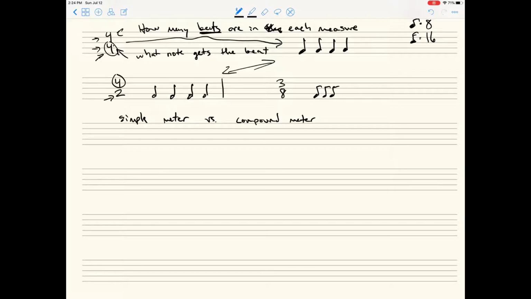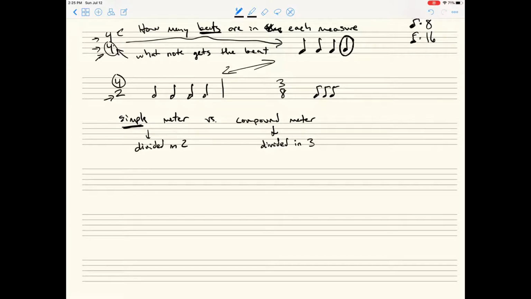When we call a meter simple or compound, we're referring to how the individual beat, in this case a quarter note, can be divided even further. In simple, the beat gets divided in 2. In compound, the beat gets divided in 3.